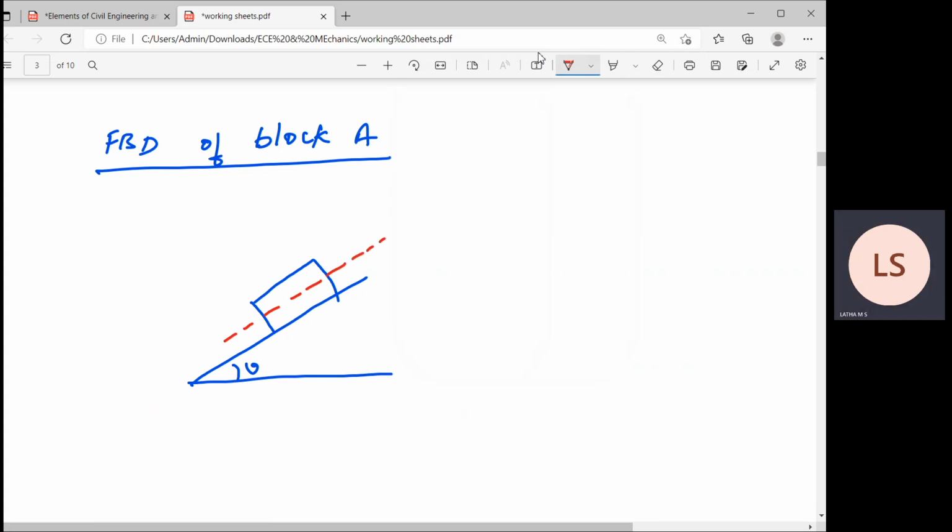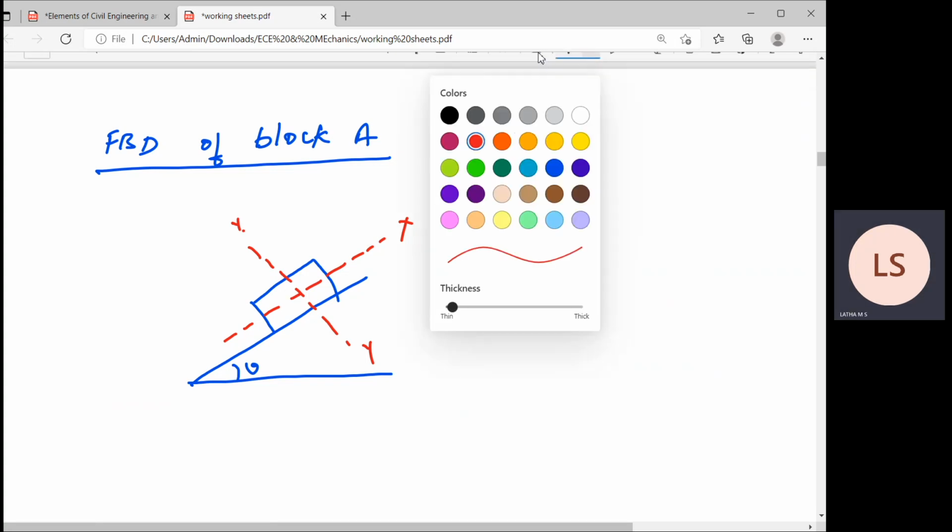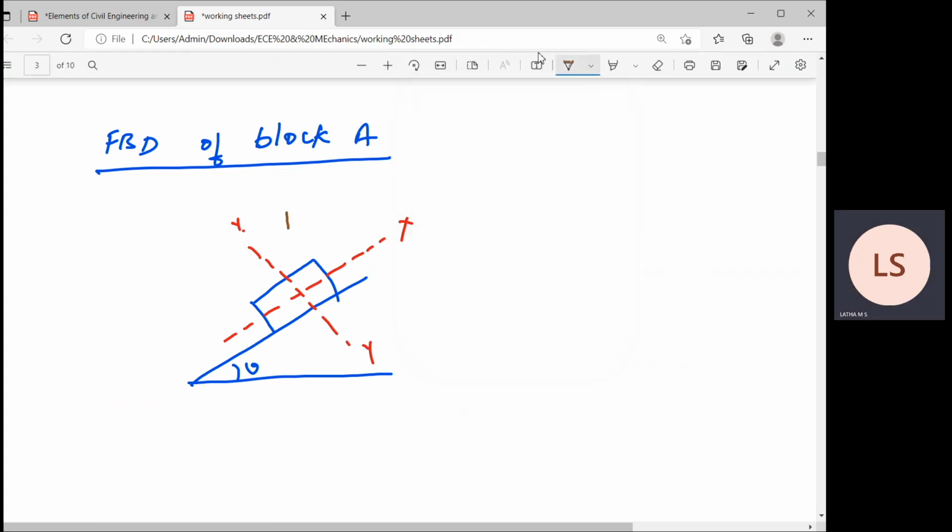This is the x-axis and this is the y-axis. Correct? So now I will drop the weight of the block, which is 30 kg. Convert this 30 kg into Newton, 30 into 9.81 Newton.